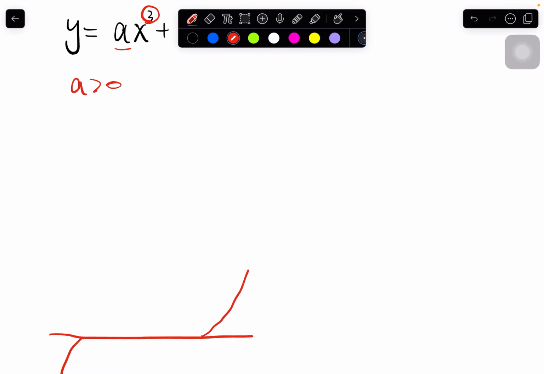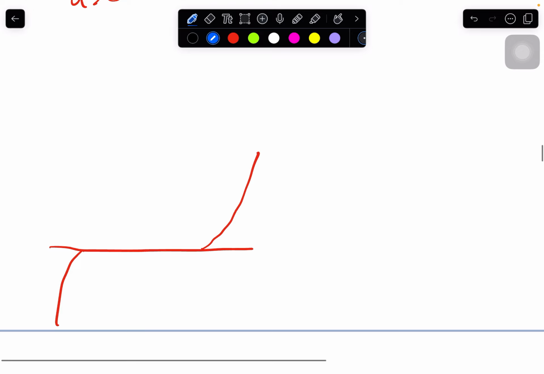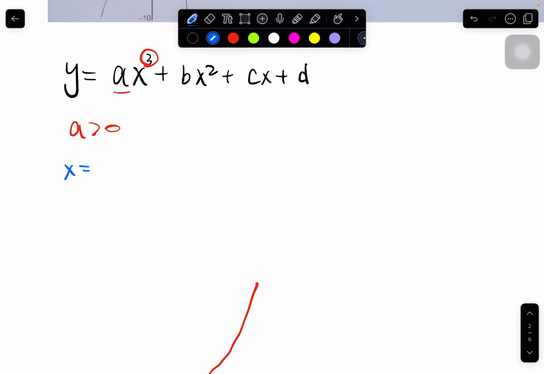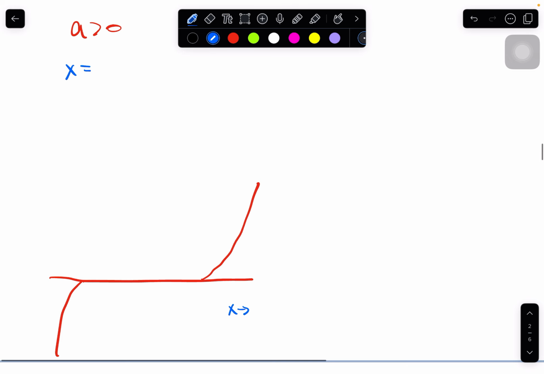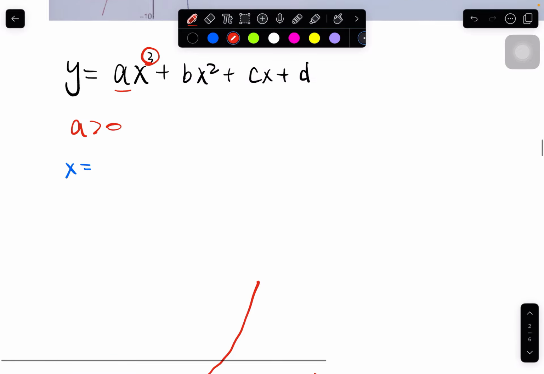The top right means when x is a very big number. So our x-axis looks like this, and to the right means when x is a very big number. For example, x is equal to 9,999.